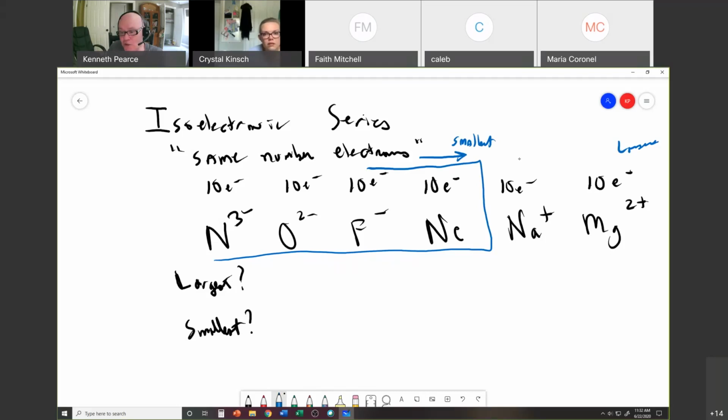If you're adding electrons and adding protons, sure enough, you're going to go left to right and get smaller because they're going to get sucked in, right? And as you drop down to the next row, you're completing a new shell. But we're not completing anything here.